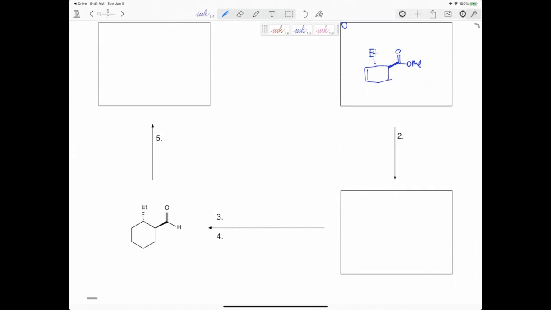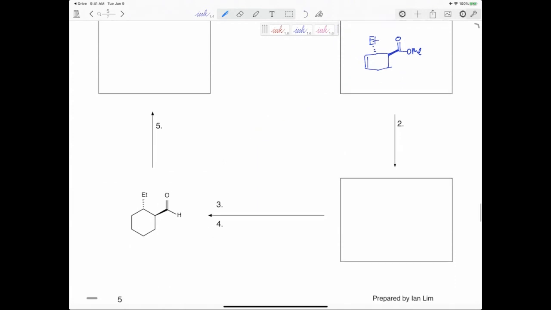And then we want to get from here down to here now. What do we have? We have an ester going into an aldehyde, and we have an alkene going into an alkane. So these are two pretty straightforward reactions. So hydrogen and Pd. Question, will Wilkinson's catalyst work here? Will it work?